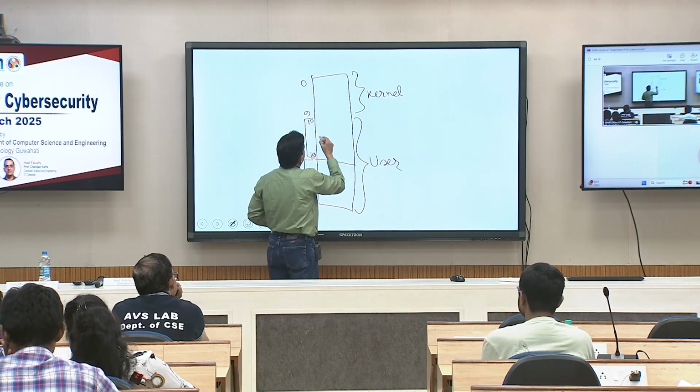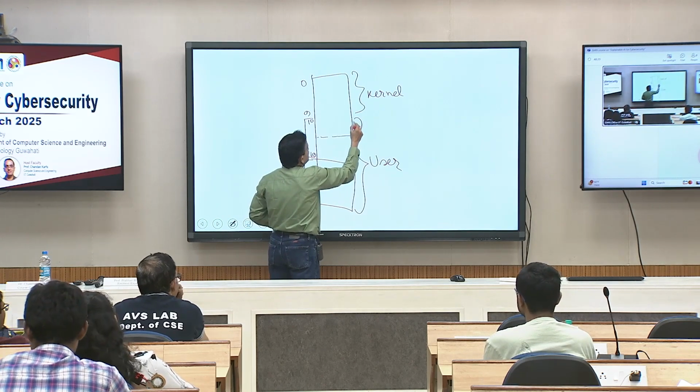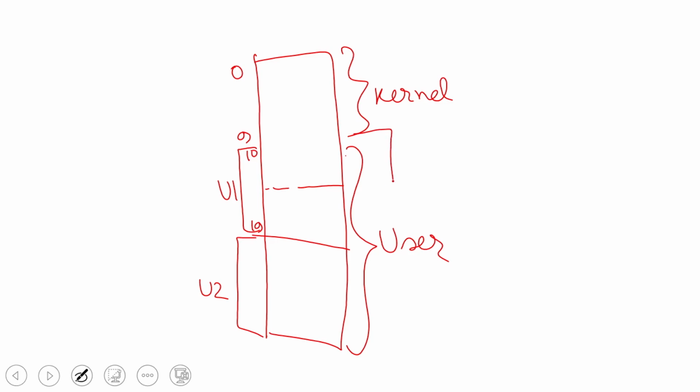For simplicity, let us assume it is divided in two parts. This is your first program, program 1 or process 1, and this is your program 2 or process 2. Let us just say this is your mail running and this is your browser running.